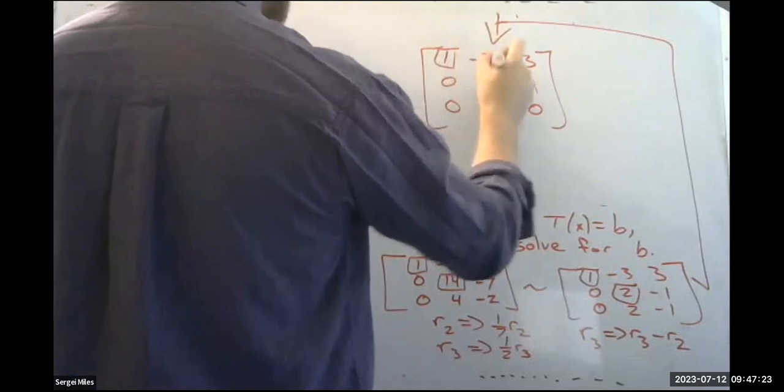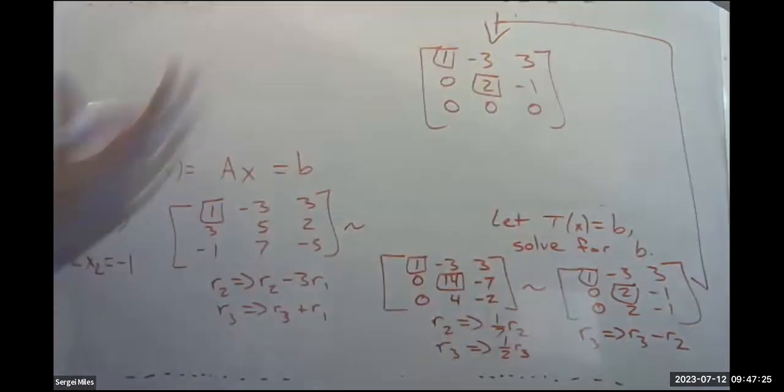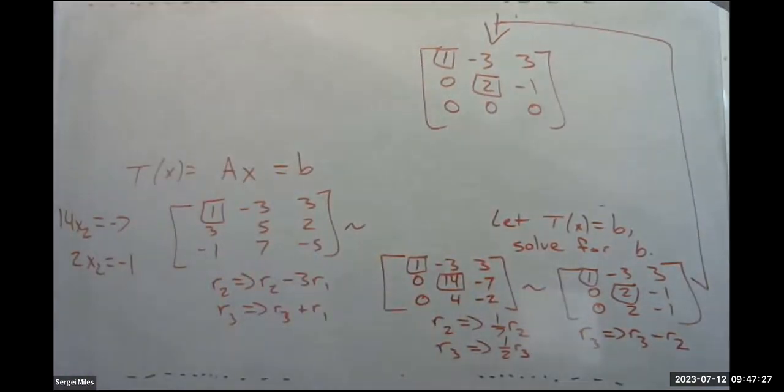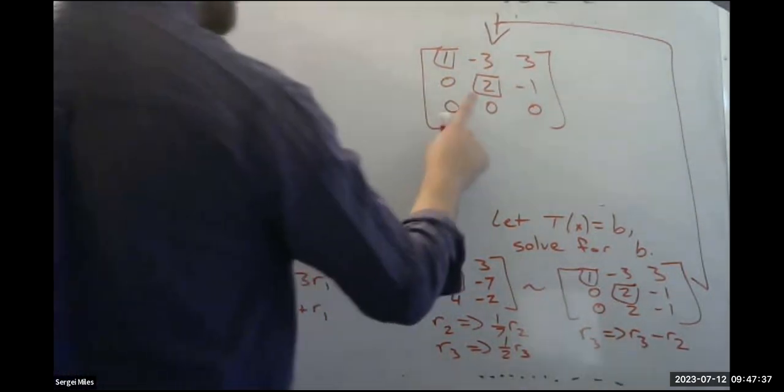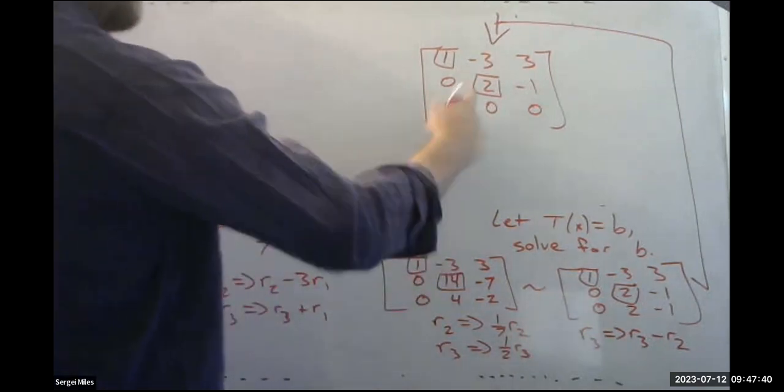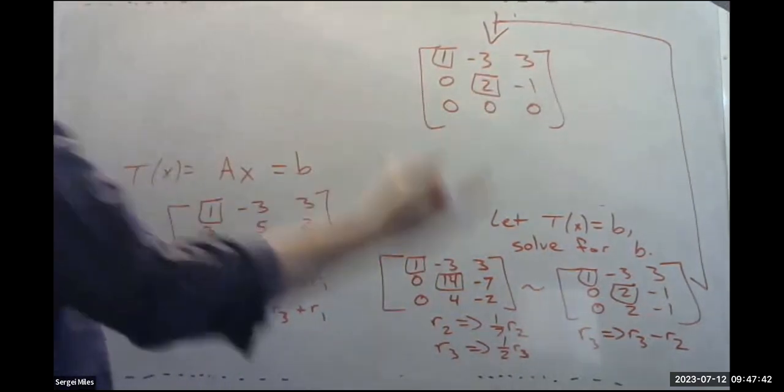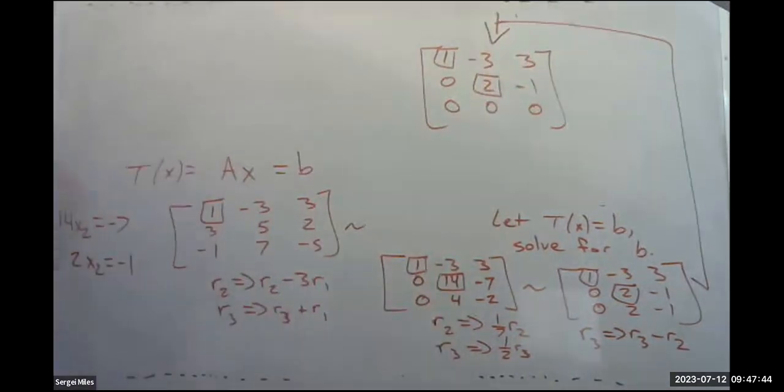Or at least this is echelon form. If you wanted to go further, yeah, you could put it in reduced echelon form. It might get a little messy with some fractions, but remember, echelon form is enough to answer the question. Why? Well, start from the bottom. Okay, row 3 doesn't tell us anything. First of all, this is consistent, right? There's no pivot in the equals column, so a solution exists. Great. There's an x that can be mapped to this b.